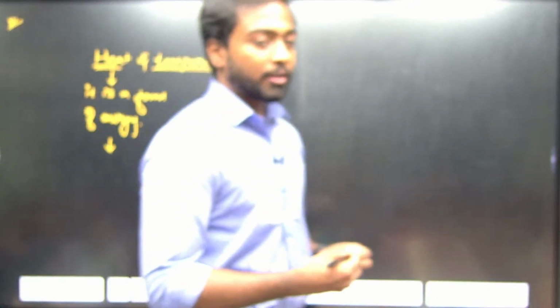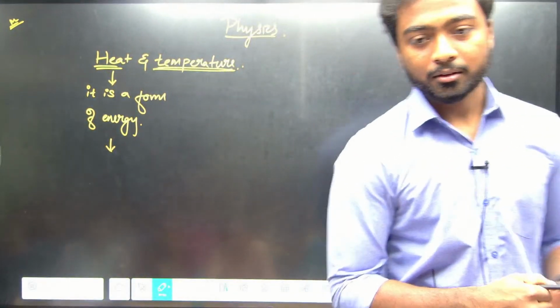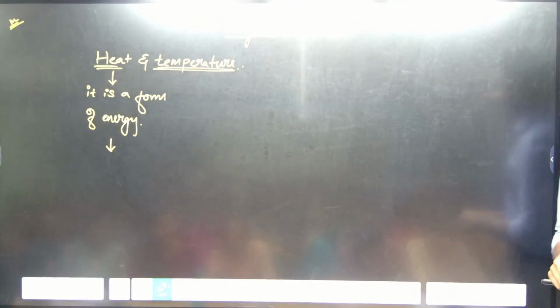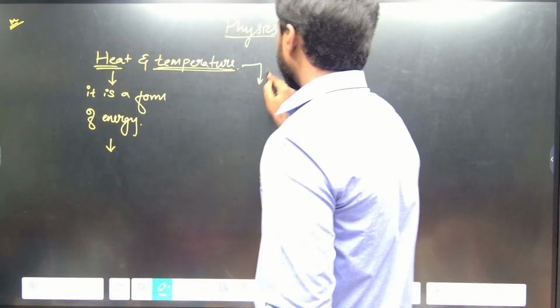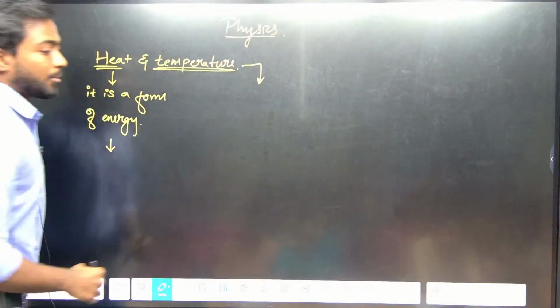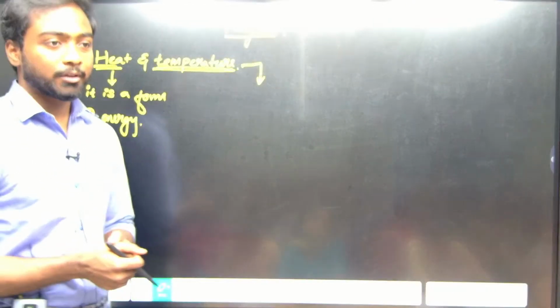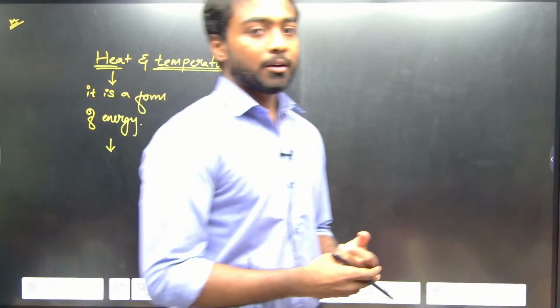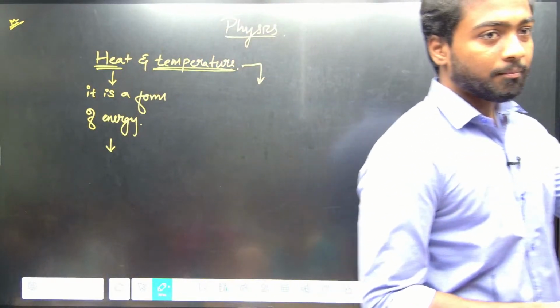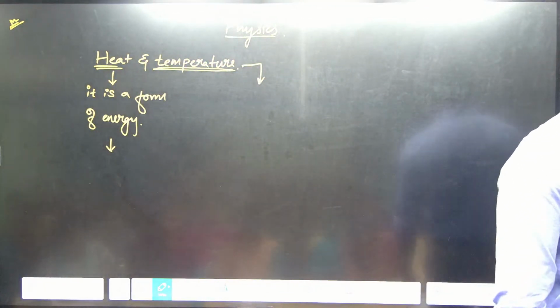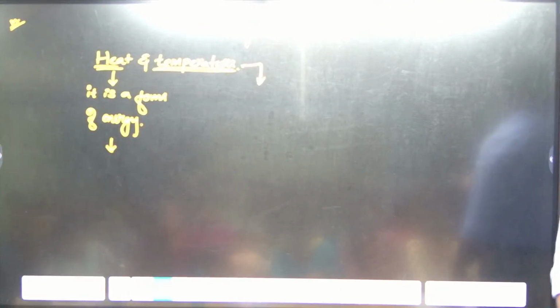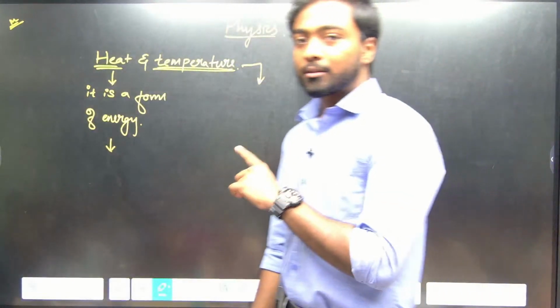Temperature is nothing but the measurement of heat. Heat is a form of energy, and we'll study that in calorimetry, in this topic of thermal properties of matter. Now we'll go into the topic of temperature.